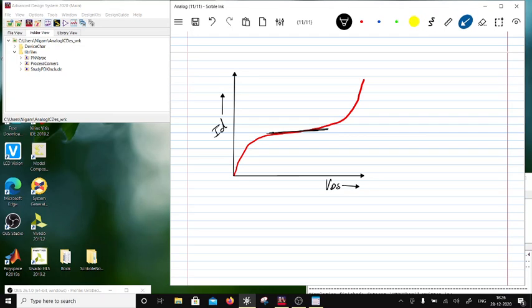Now let's say this slope is going to be your RDS. RDS is equal to 2 over lambda IDS, times 1 plus phi 0 divided by VDS minus V overdrive plus phi 0, entire thing in the bracket.